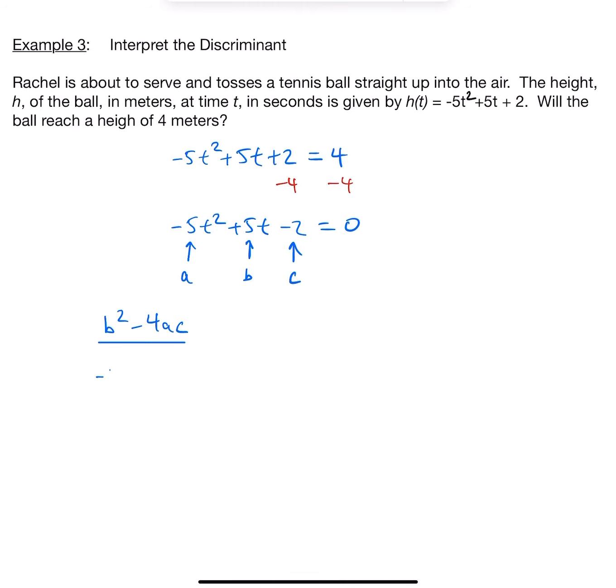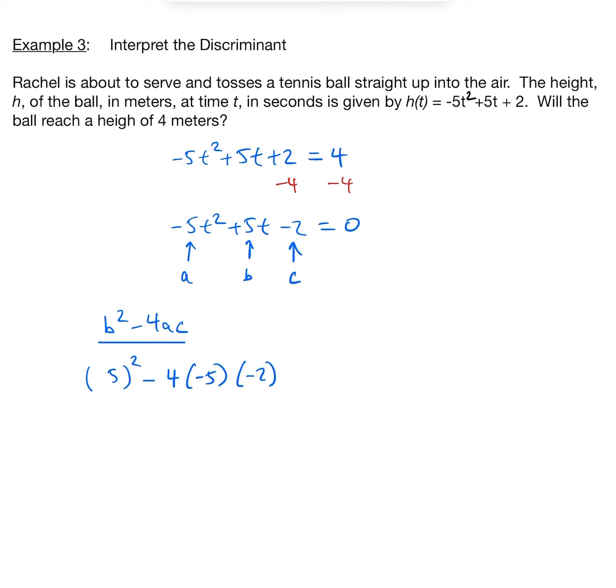That's going to be negative 5 squared, I'm sorry, not negative 5, it's positive 5. My b is positive 5, my a is negative 5. So this is going to be minus 4 times negative 5 times negative 2.